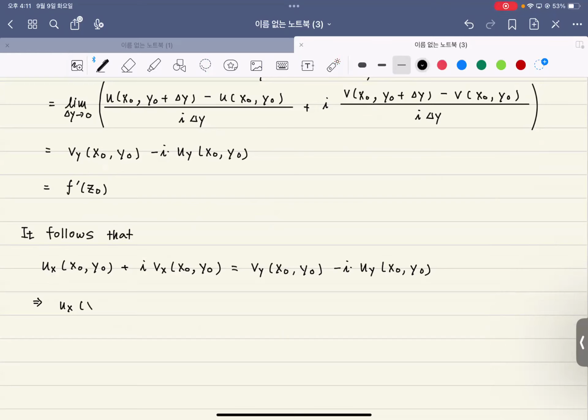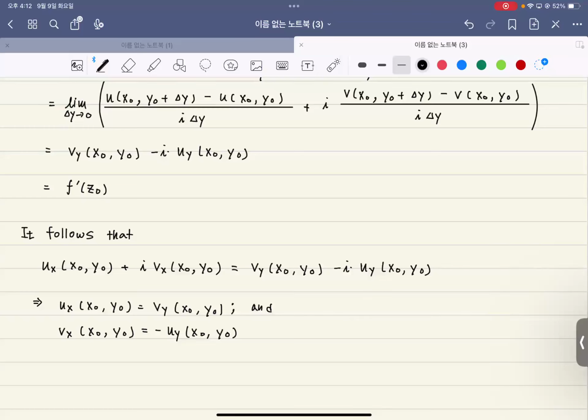Therefore, the partial derivative of u with respect to x is the partial derivative of v with respect to y, and the partial derivative of v with respect to x is minus the partial derivative of u with respect to y.